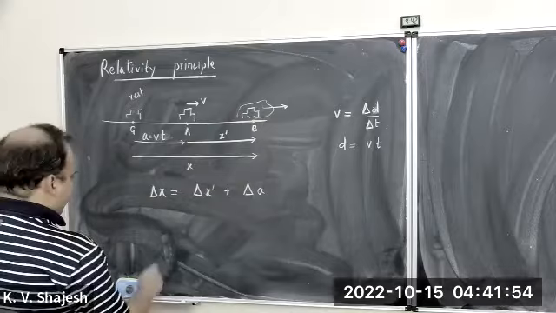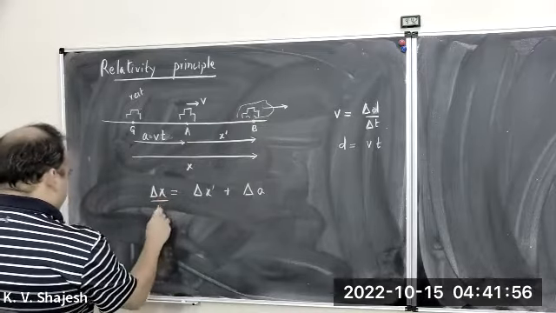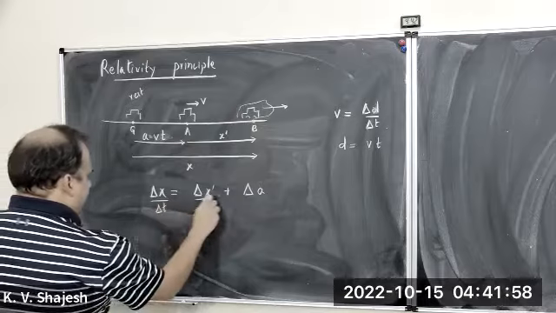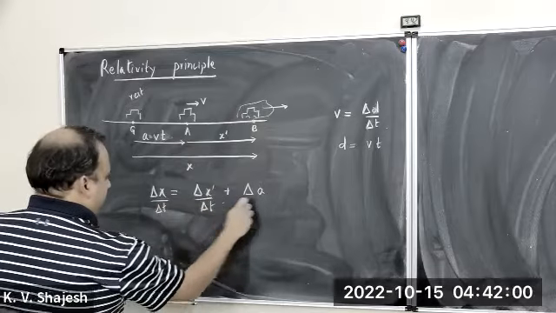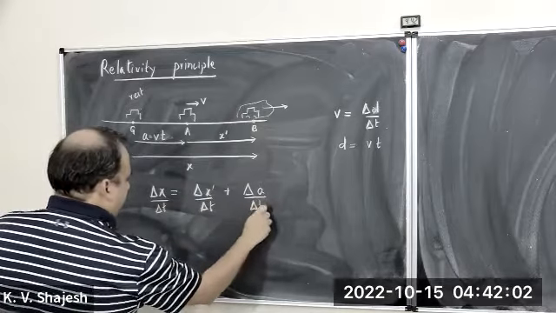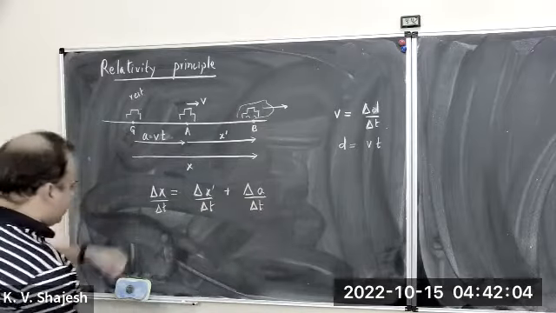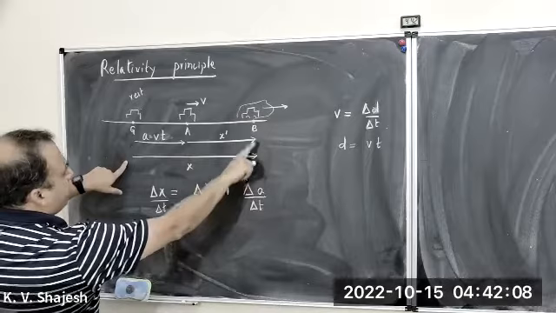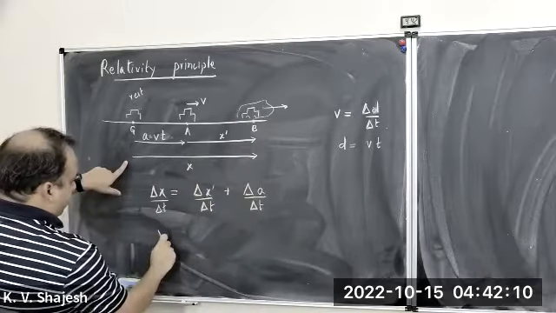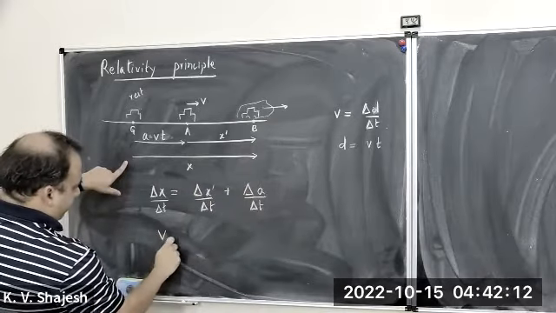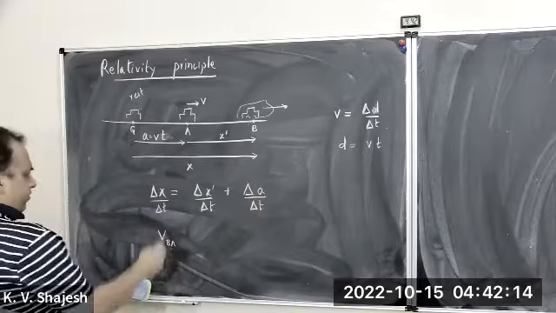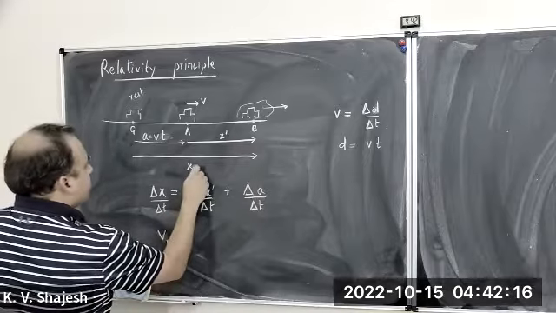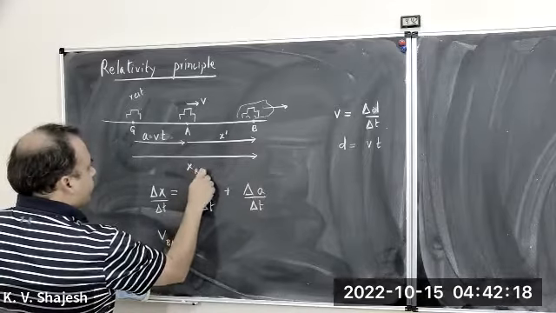And one would say that, oh, just divide by time. And one says this is the velocity, delta x, right? This is the velocity of b measured with respect to a. Like this also you could have said the same thing. So this is measurement of b with respect to g.